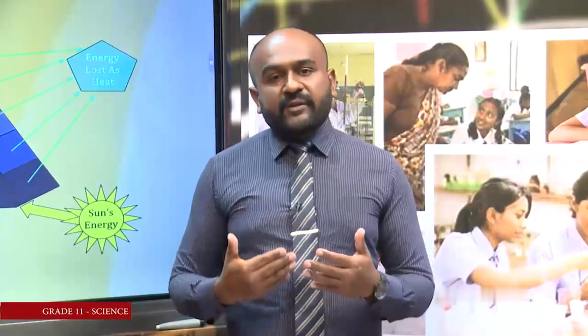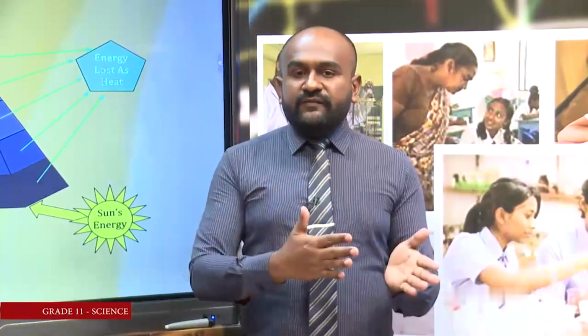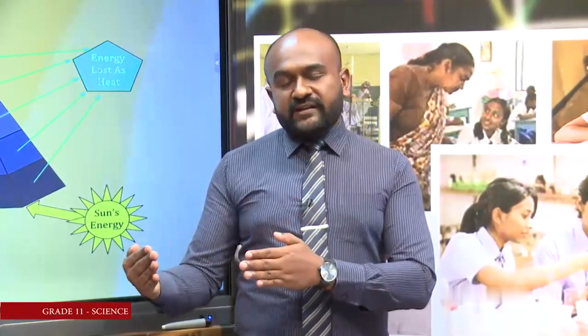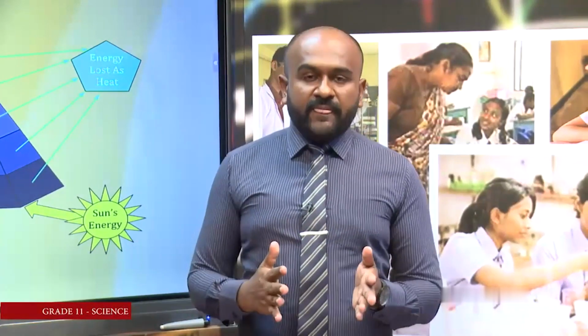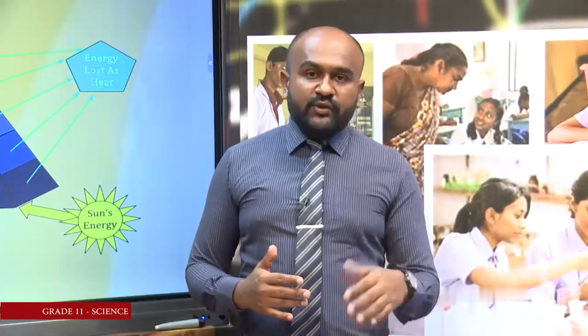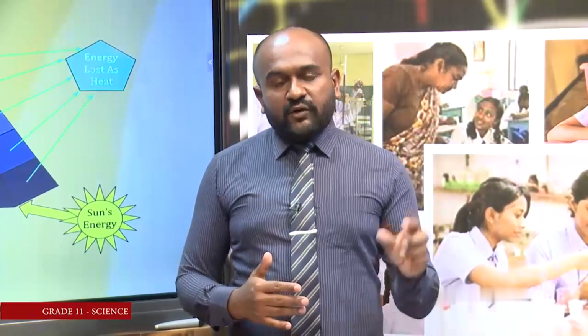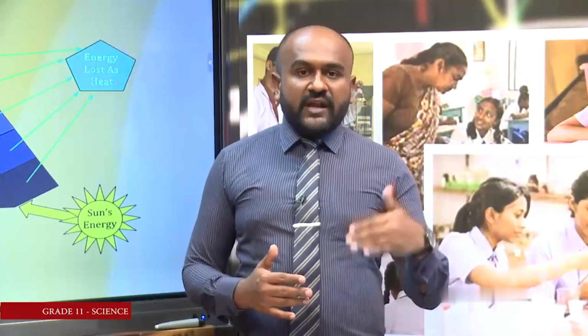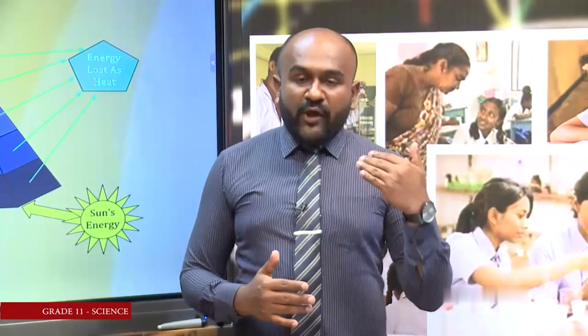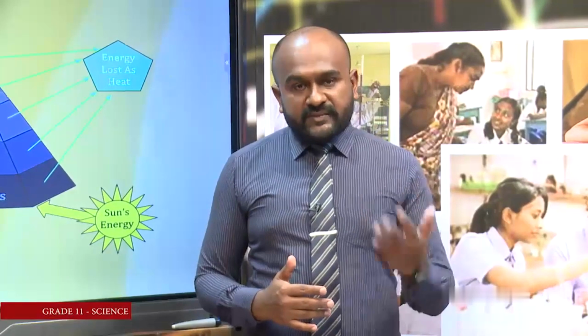When maintaining the equilibrium of an ecosystem, energy flow and biogeochemical cycles play a very important role. To explain energy flow, we use food chains, food webs, and ecological pyramids. We talked about 3 ecological pyramids: the number pyramid, the biomass pyramid, and the energy pyramid.